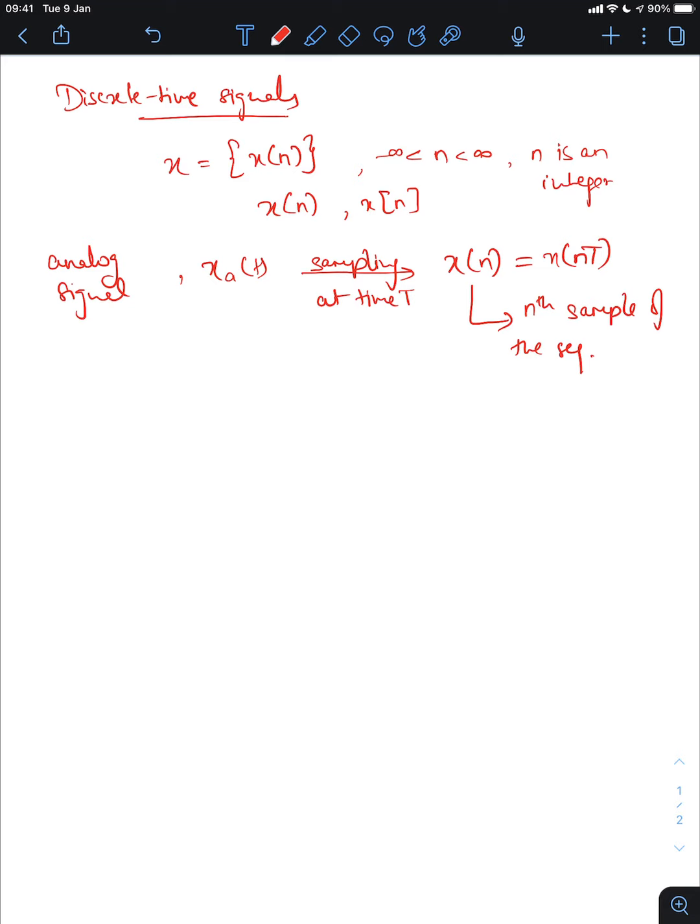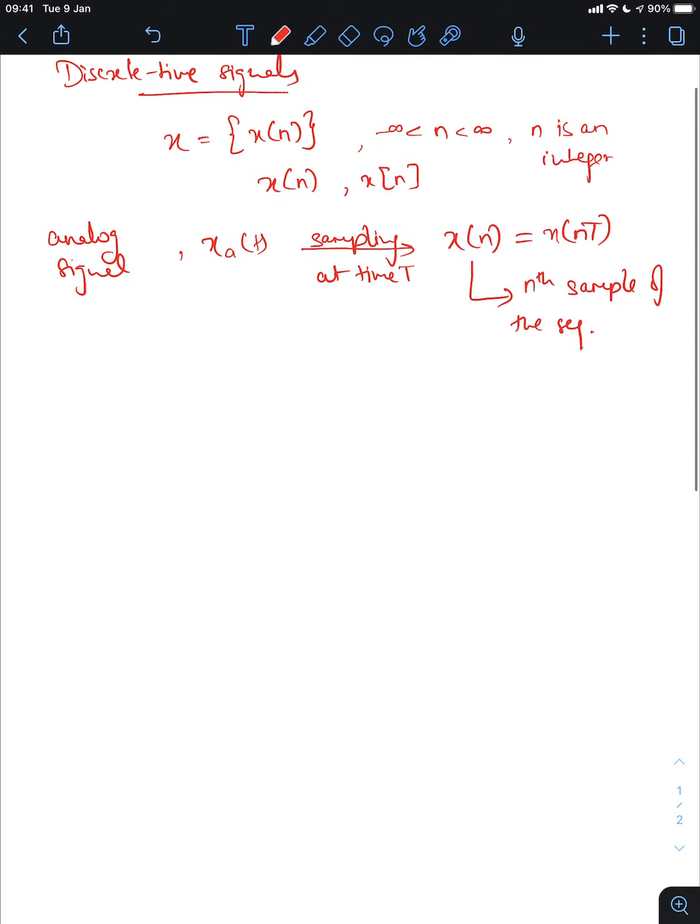So now we shall see the basic types of signals, and then we shall see the processing of those signals. The first type of signal is the unit sample signal or sequence.